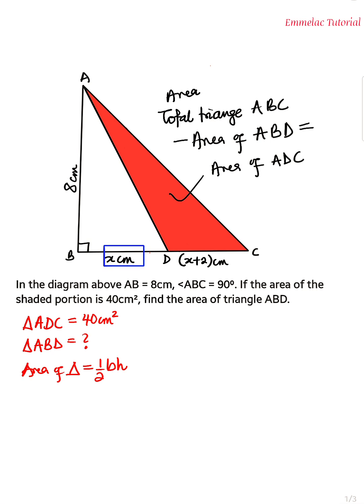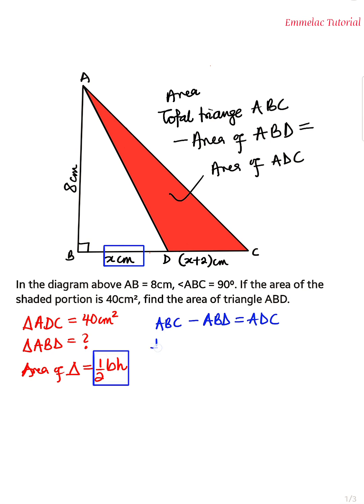So the area of ABC minus the area of ABD now equals the area of ADC. Let us recall that the area of a triangle is given by this formula.